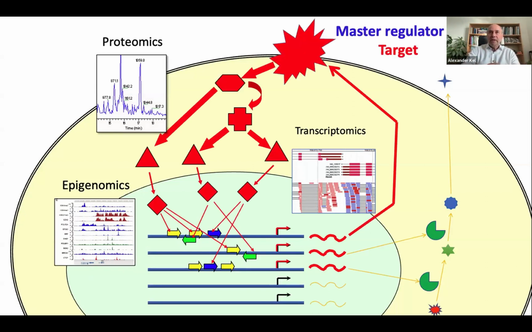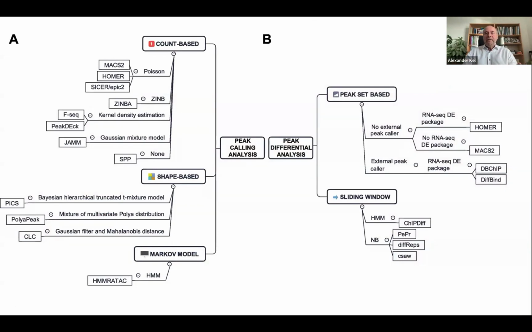On the level of pathway analysis, if we have proteomics data, it can help us find these master regulators. All right, if you look around for various algorithms which help to analyze ATAC-seq data, this is a picture from the same review paper I mentioned in the beginning. As you remember, first you have to find the peaks.